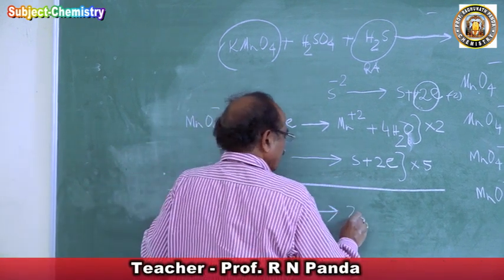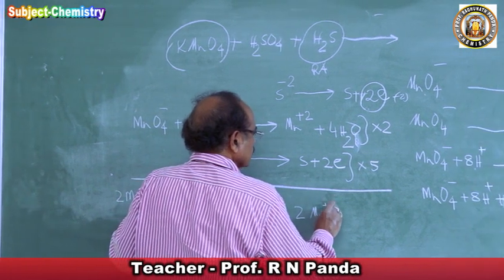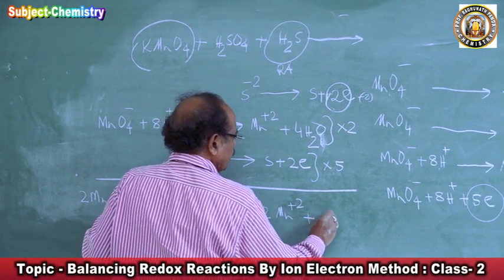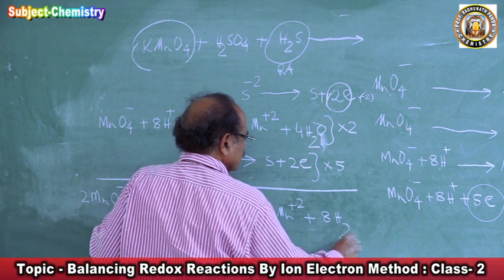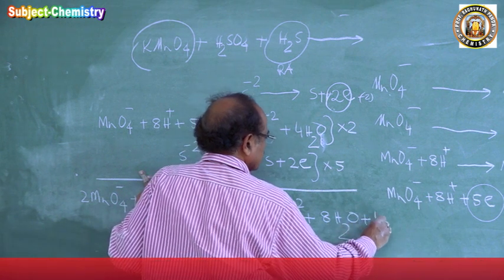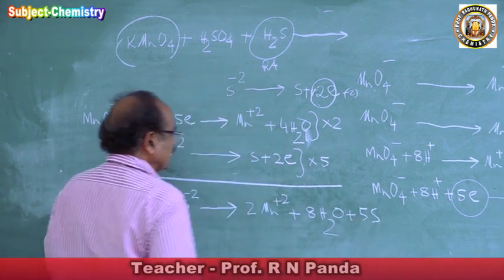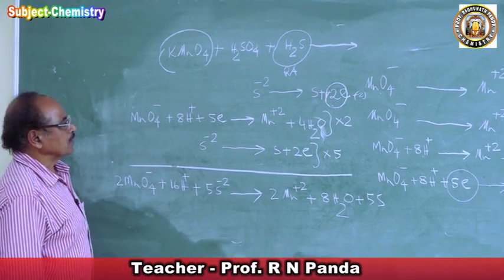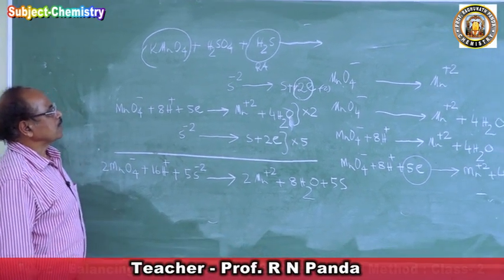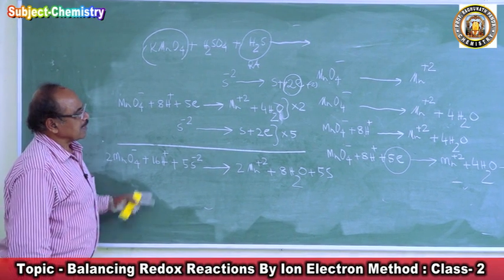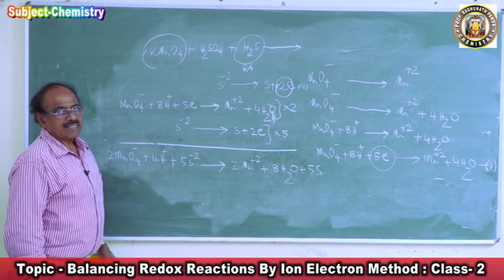We'll get 2 Mn plus 2 plus 8 water plus 5S. So this is the balanced form of the potassium permanganate, H2S reaction in the ion electron method.